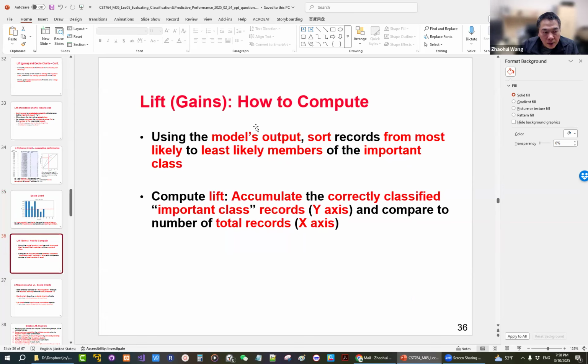Yeah, so the lift chart output will show the curve from the most likely to the less likely members of the important class, because we sort the importance probability before plotting the lift chart.